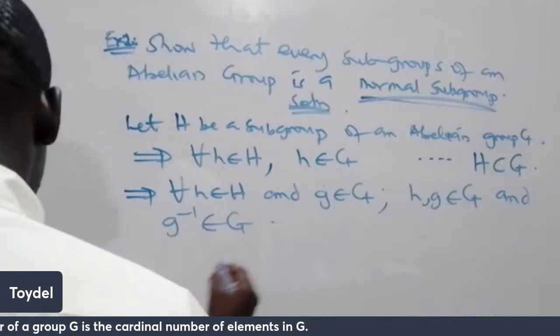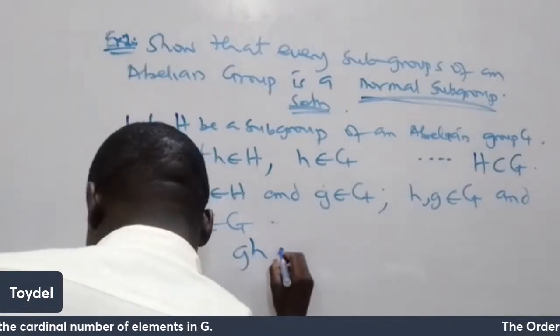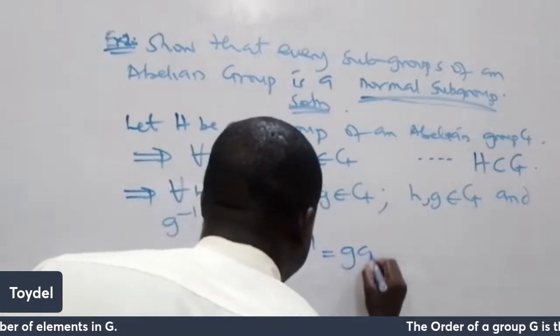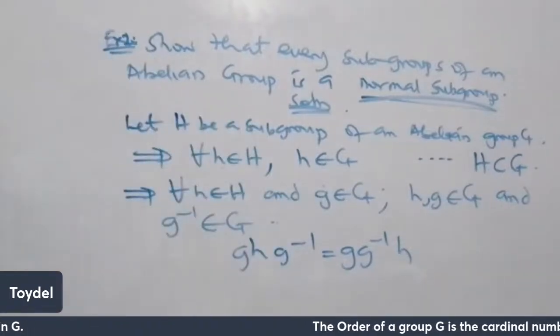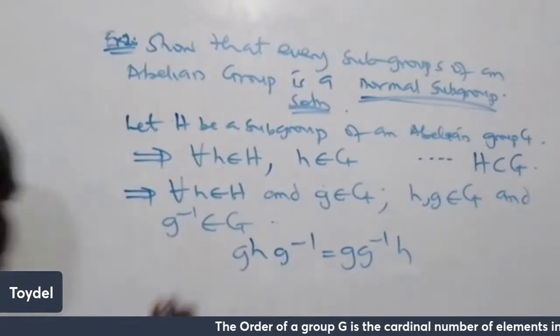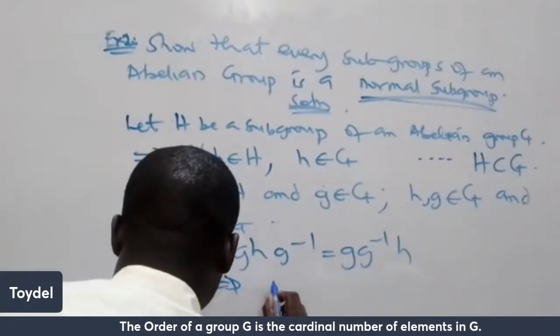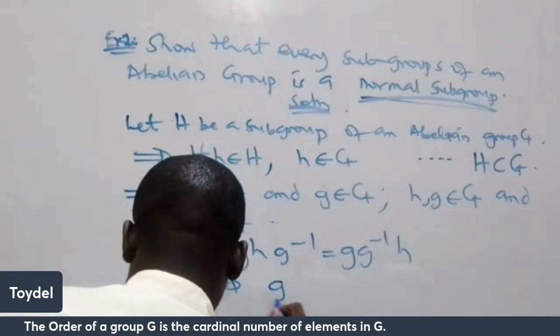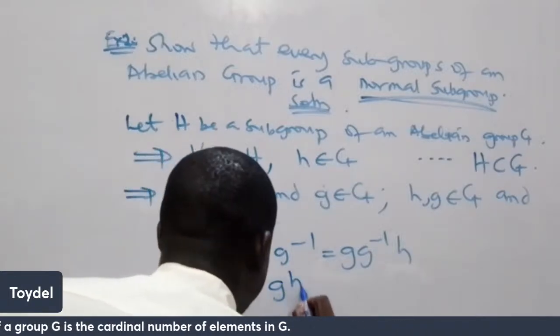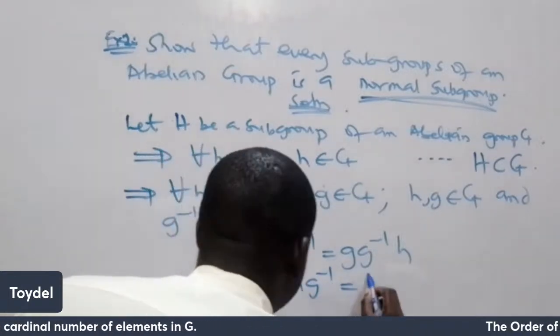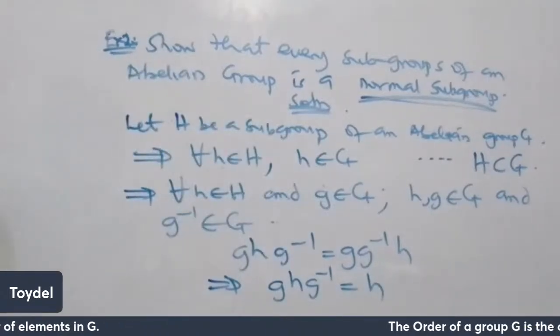From there now, we have that g inverse hg is equal to g inverse gh. That's what we get. Then this implies that g inverse hg is equal to h, if we rearrange.